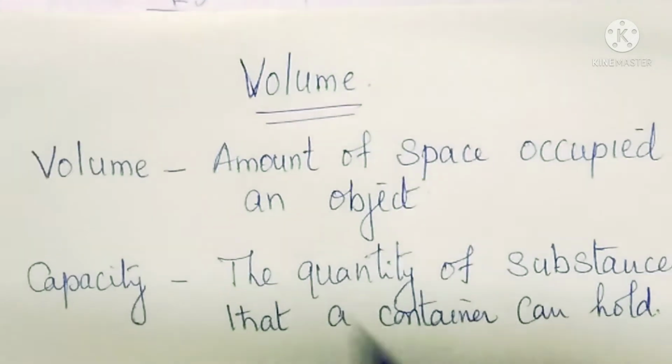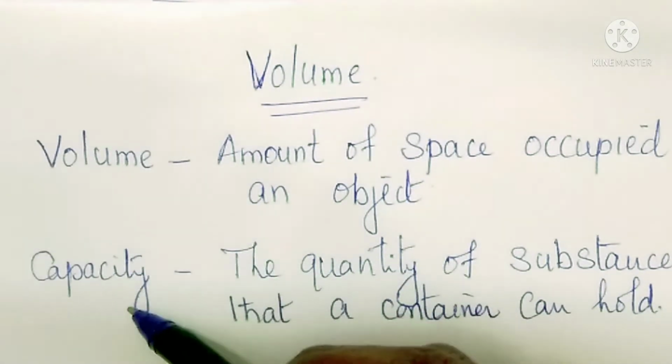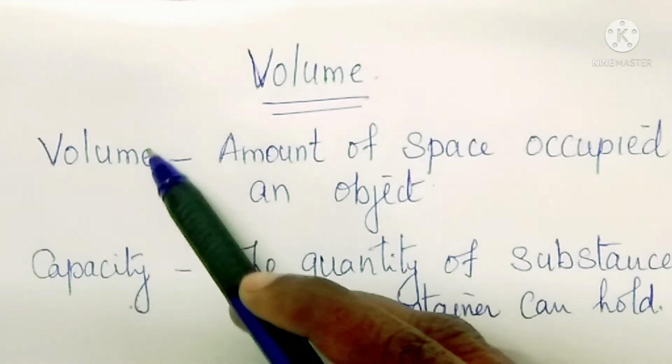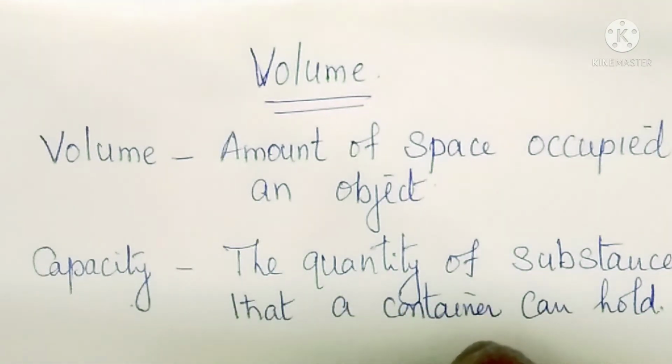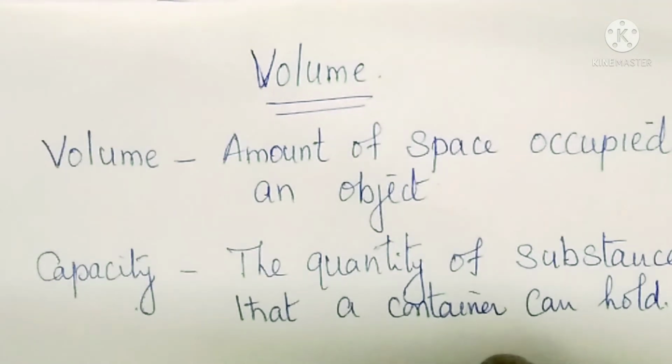So today we are going to learn how volume and capacity are related, and how to find the volume of different solids. Mainly we will learn about three solids, that is cube, cuboid and cylinder.